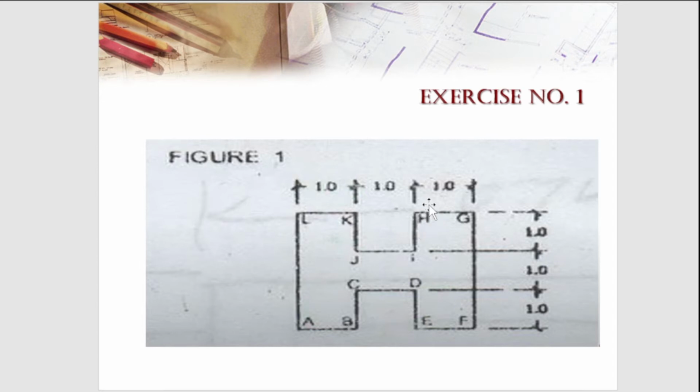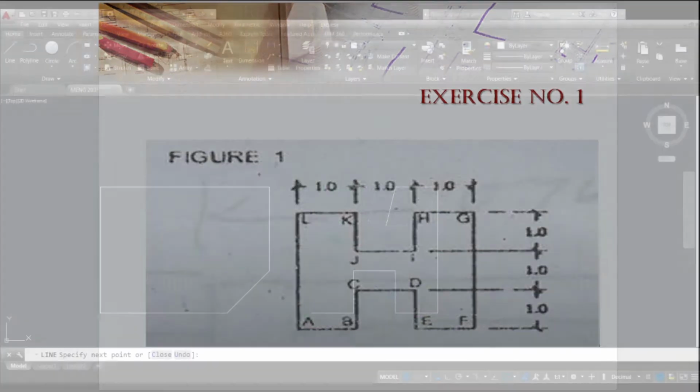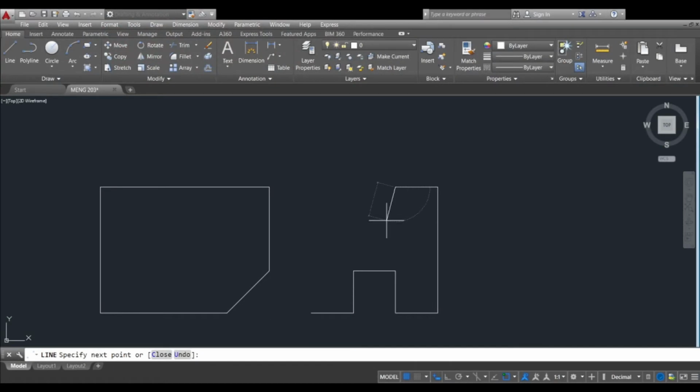So let's try using 270. So that is 1 unit downward, angle 270. At 1 angle 270. So it really doesn't matter if you use positive or negative angle as long as we have the correct value of angle to be input.